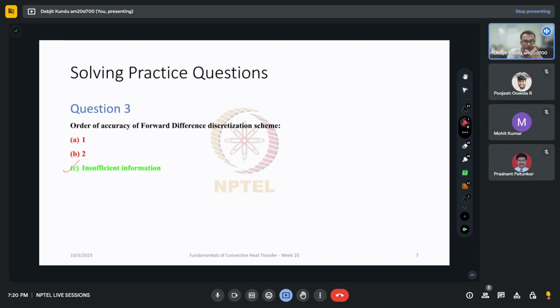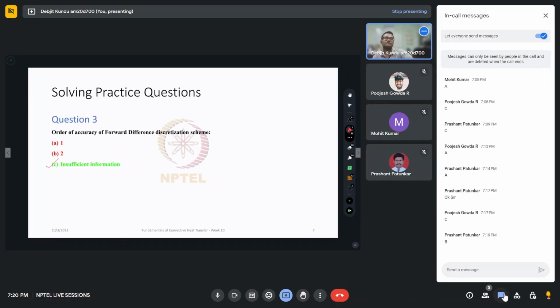Or which is the information that is missing over here? Hmm? You can unmute and answer, or you can type in the chat box as well, any way you feel comfortable.